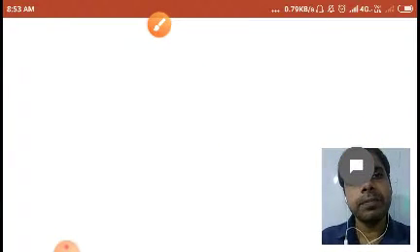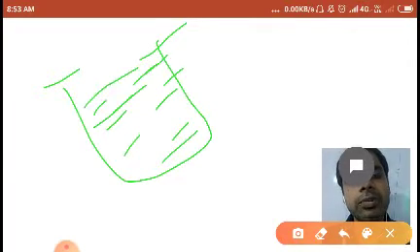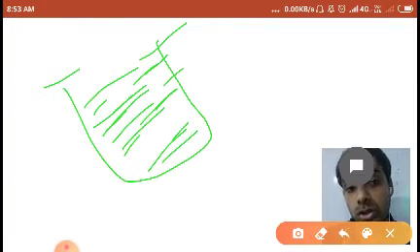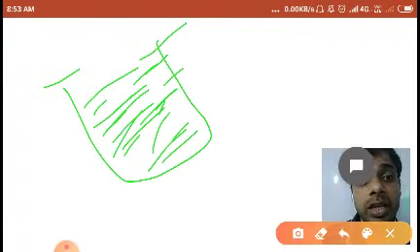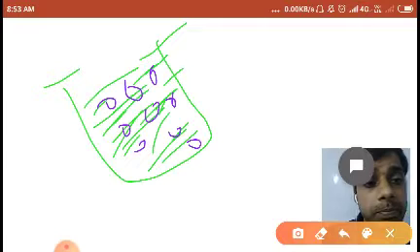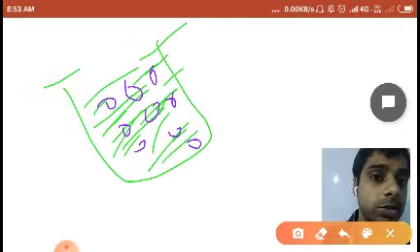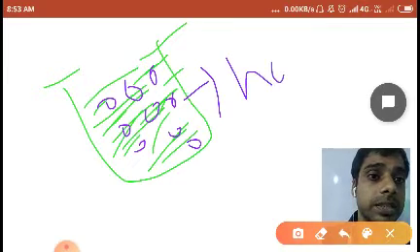You will see that more solute is actually present in that solution, in that liquid. So we can say the more solute present in that case will produce a dense fluid. You can see the example of honey.